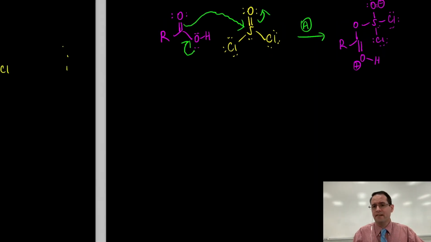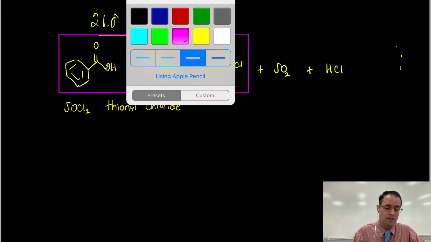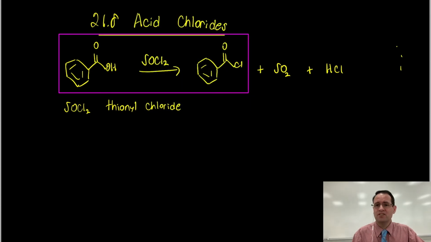So, okay, I forgot. I mentioned that I would tell you if these reactions are acidic or basic. I was under a faulty assumption that most students would recognize that this is under acidic conditions because you're producing hydrogen chloride, okay? So what we have here is an acidic reaction condition.